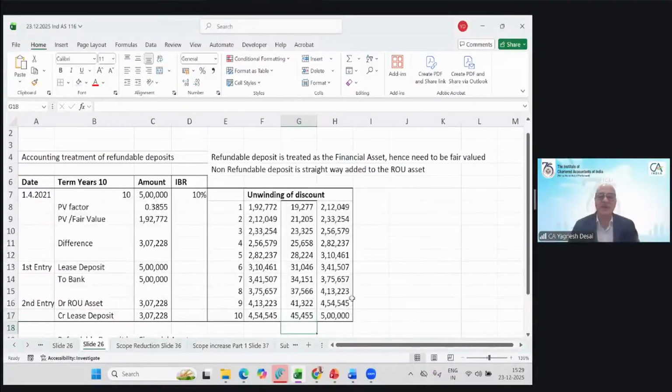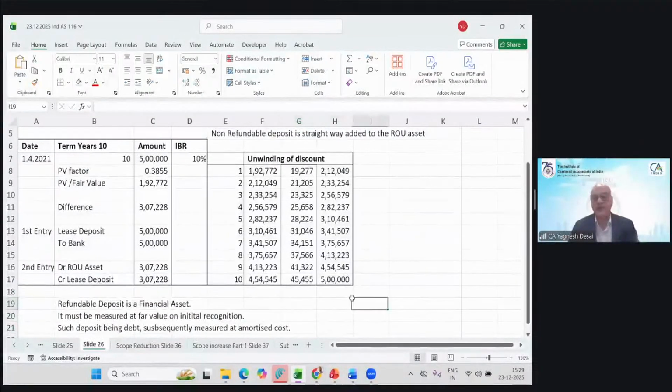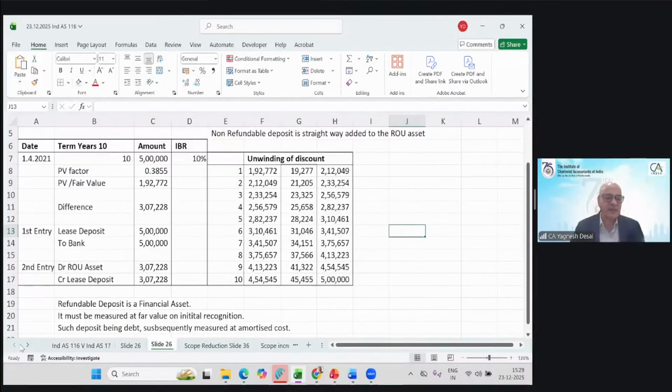We come to a very interesting stage now. What when the lease period is increased and what when the lease period is decreased. But before that, let me give a small example. You have taken entry into lease and at the end of 5 years, let's go to the more realistic example.